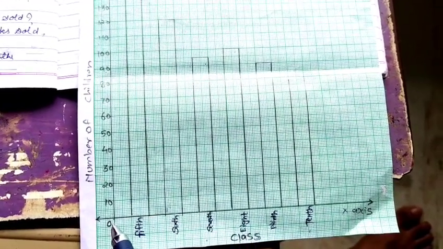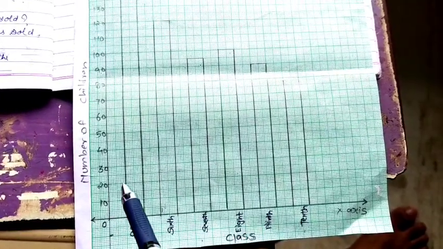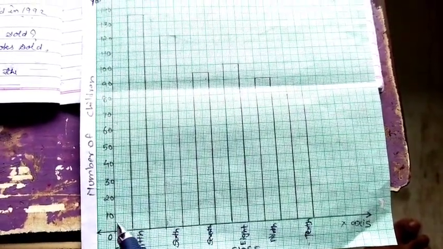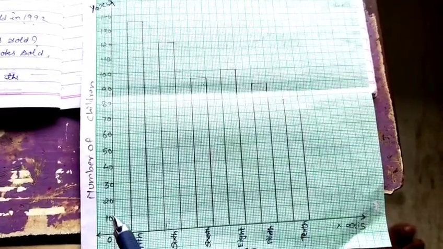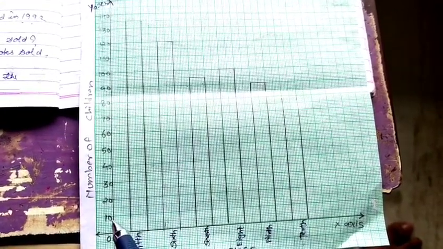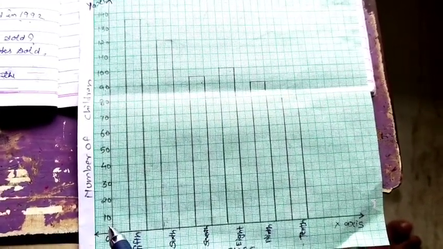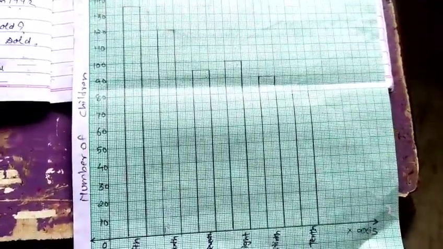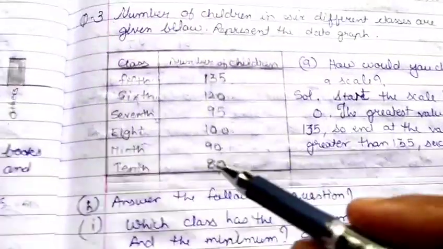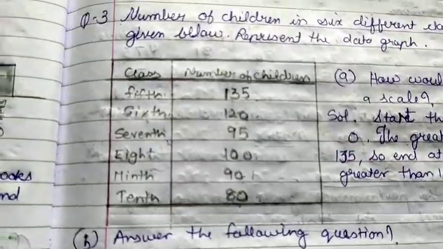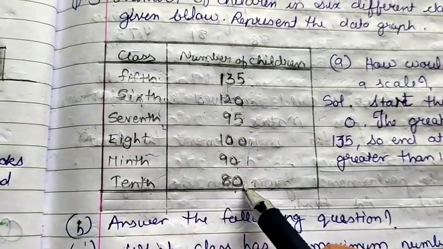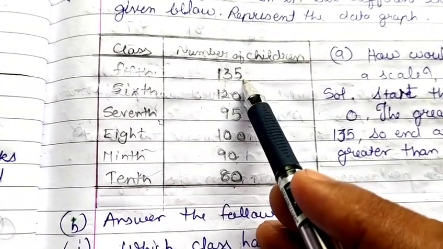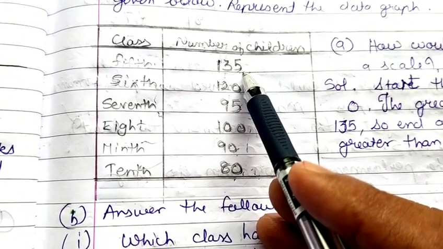If we take each box as 1 centimeter, then one box, that is 1 centimeter, equals 10 children. Before plotting this data, we have to find the minimum and maximum number of children in a class. From this question, the minimum number of children is 80 and the maximum is 135.